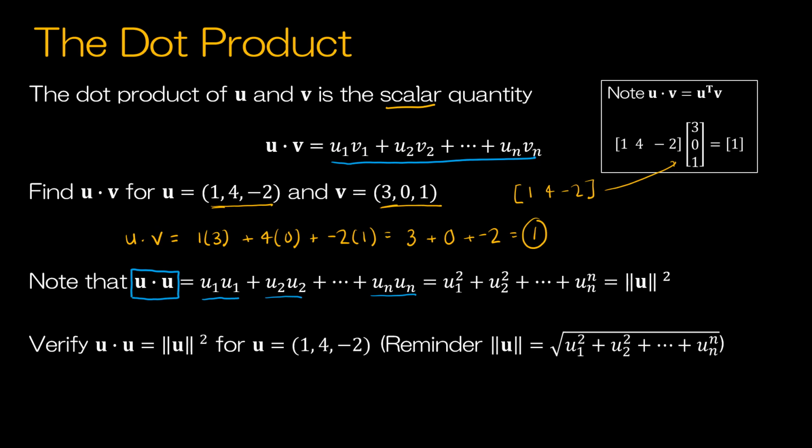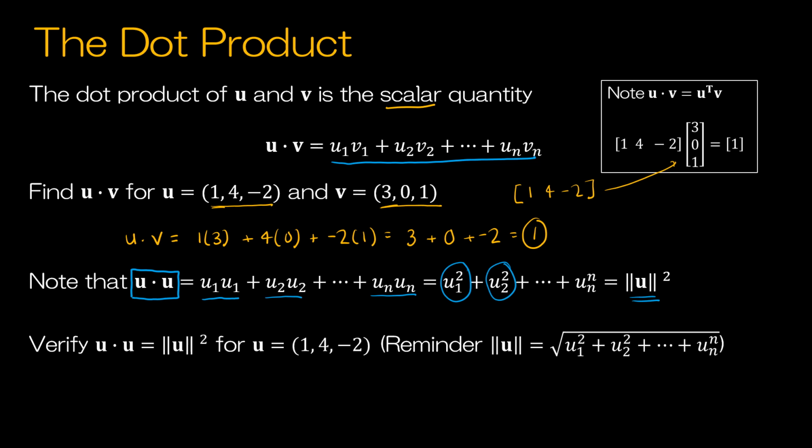But u1 times u1 is u1 squared, and u2 times u2 is u2 squared, and so forth, which really is the norm or length of u squared.